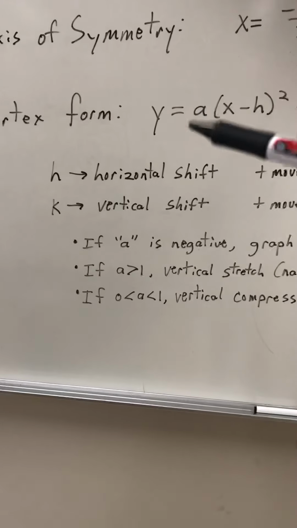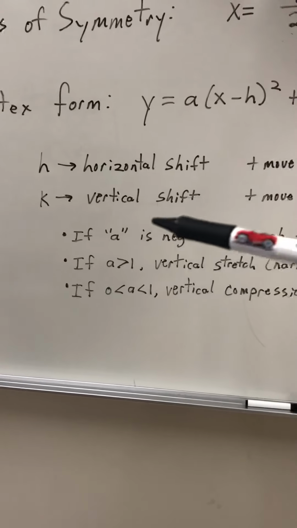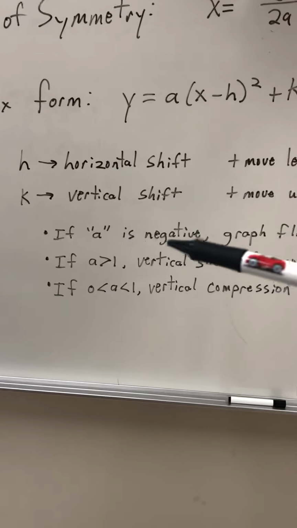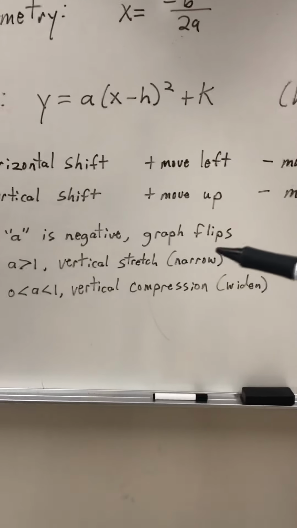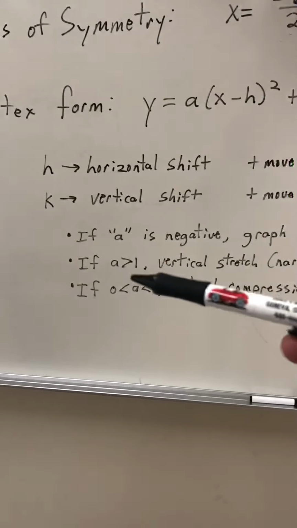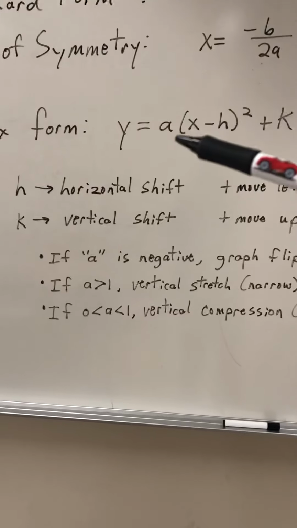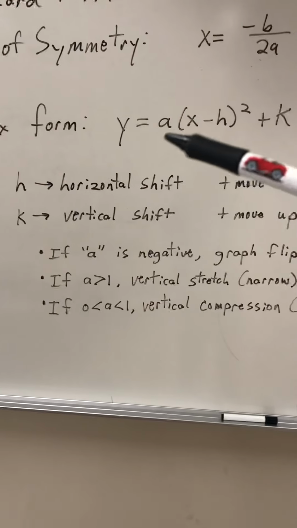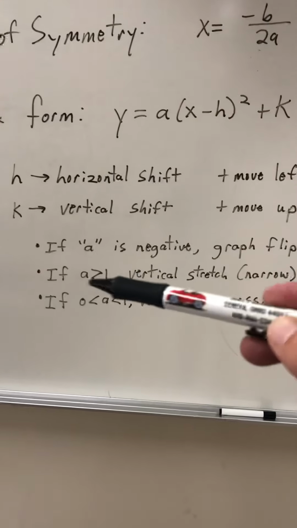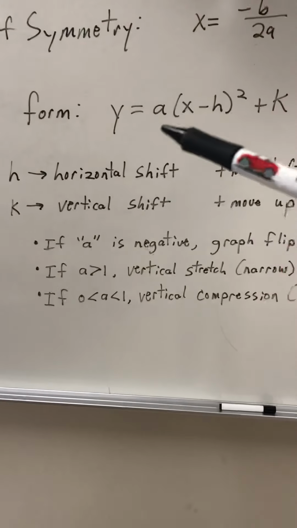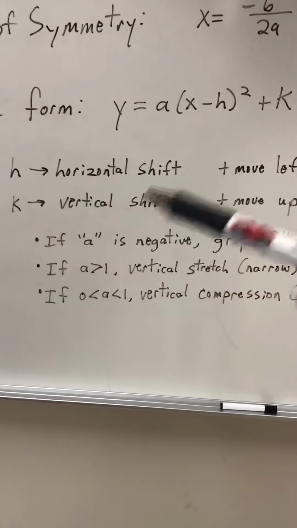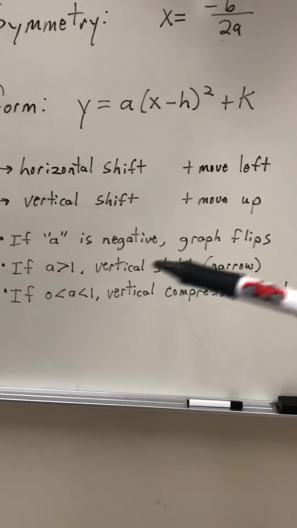If your a value, anything in front of your x, if you have anything that's negative, the graph flips. If your a is greater than 1, you have your vertical stretch.